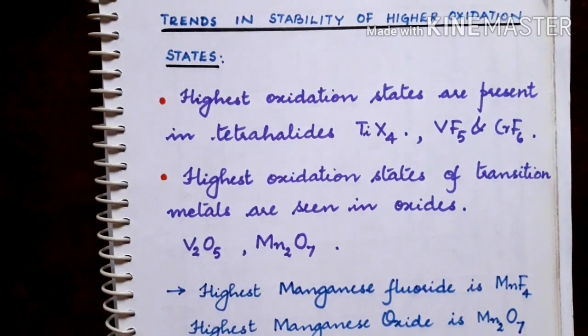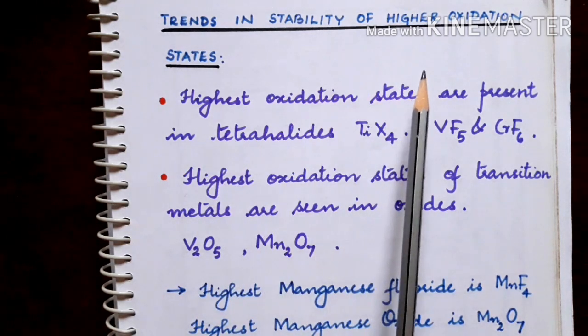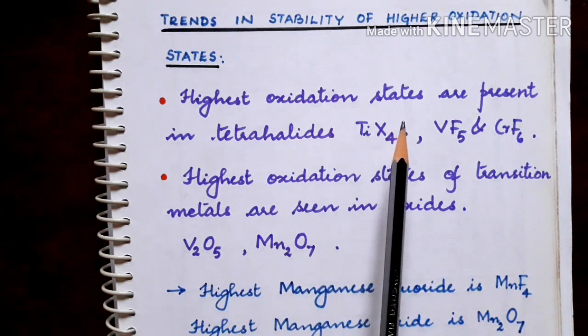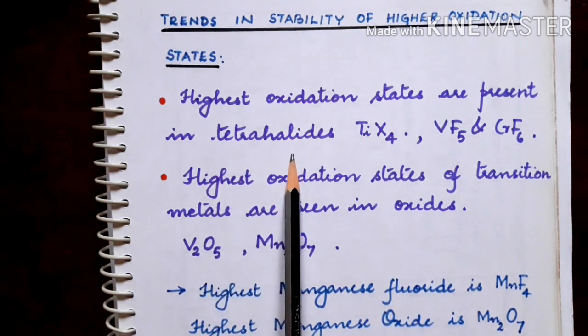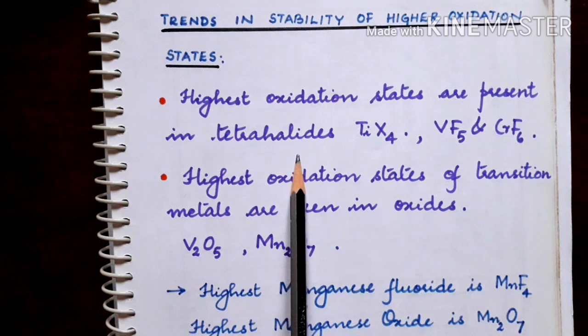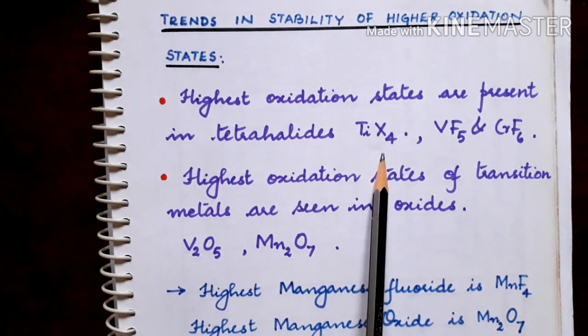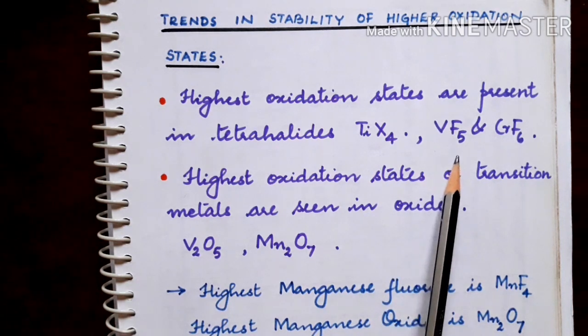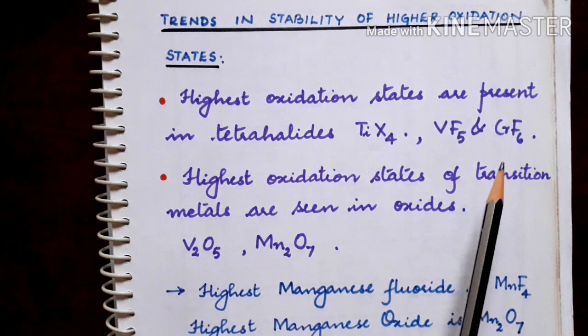So we'll just summarize the points here. Trends in the stability of the highest oxidation state. Highest oxidation states are present in the fluorides of transition metals. Examples: TiX4, VF5, CrF6.